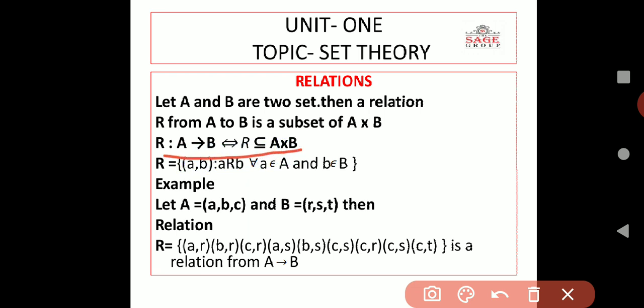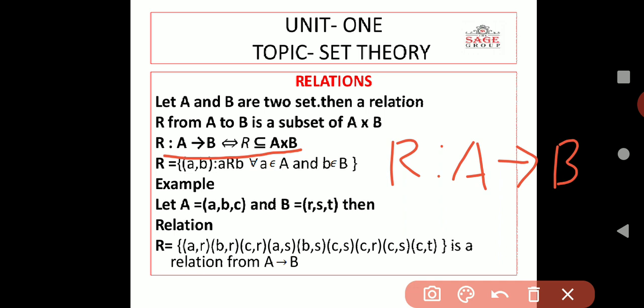we write R: A to B, where R is any relation, A is any set and B is another set.